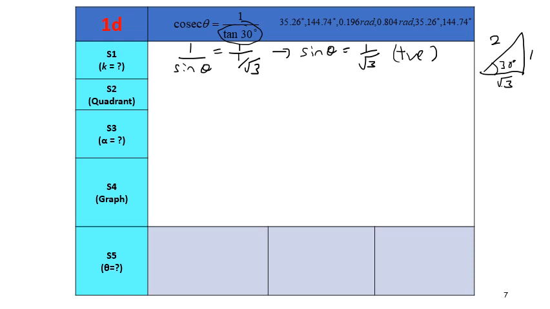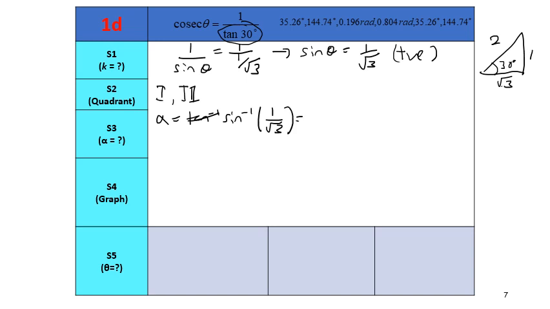Since we have positive value, the angle would be located in the first and second quadrant. So to find the basic angle, inverse sine 1 over square root 3.